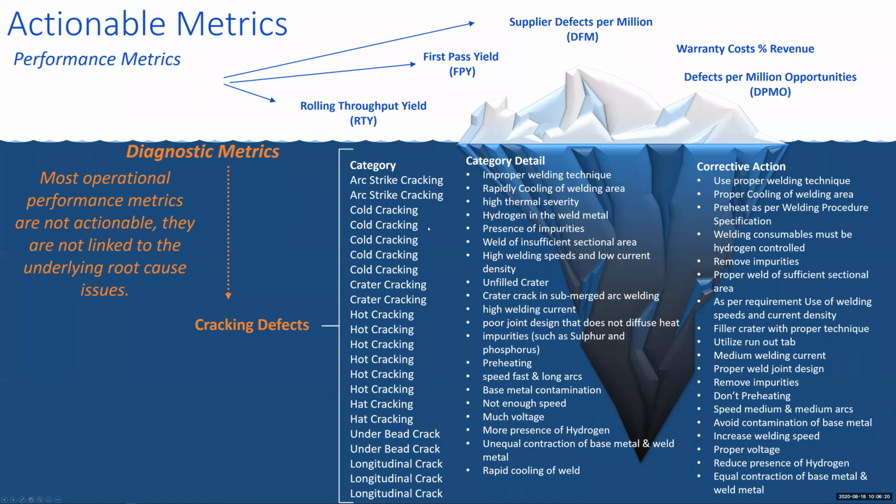And then each one of those could go into different details of what's causing that. And then you have different corrective actions for each one of those different types of failure. And so by understanding that detail of what those errors are, now I can actually start to take the correct actions to address those defects.